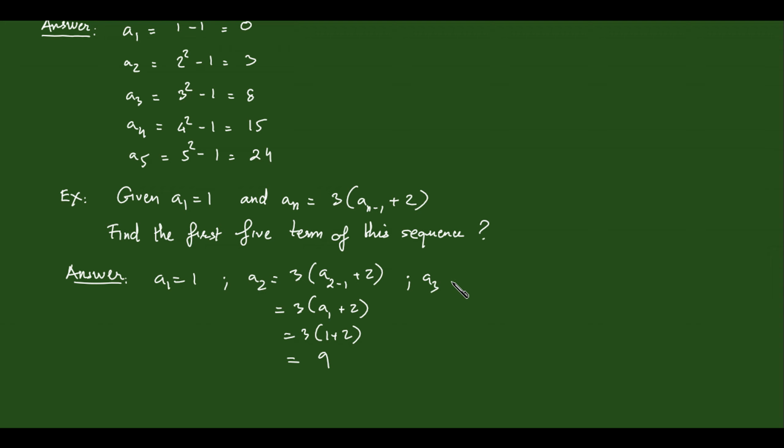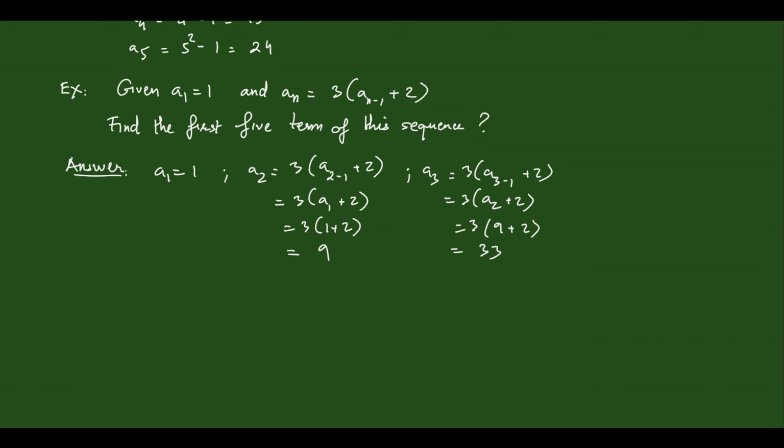And A3 will be 3 times A2 plus 2. I just replace n with 3, so it will be 3 times A2 plus 2, and A2 is 9. 9 plus 2 is 11, so that gives you 33. Okay, and you're going to do similarly for A4 and A5.